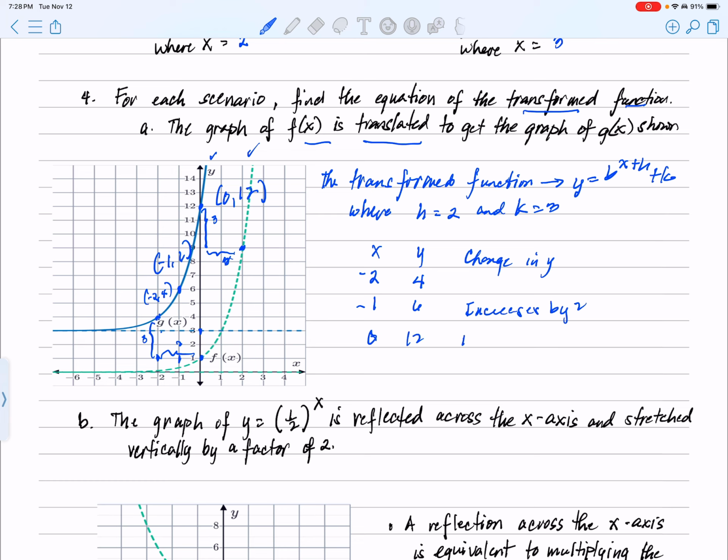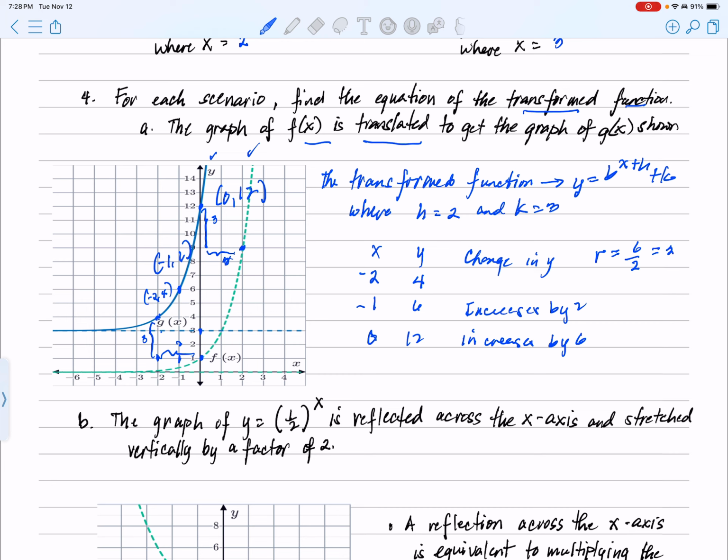It increases by 6. So the ratio of the difference in these outputs is, if we try to get the ratio here, 6 divided by 2, which equals 3.